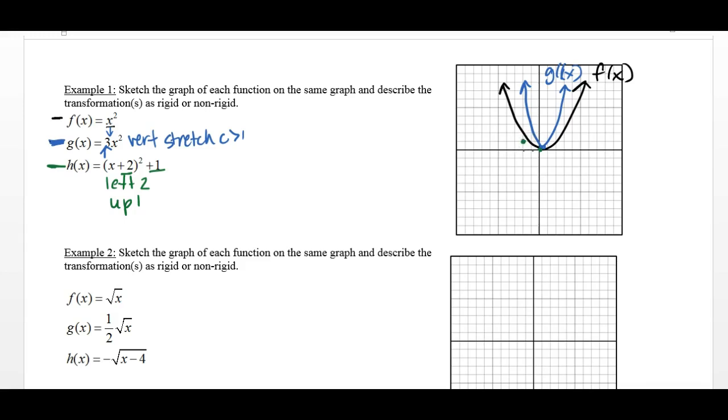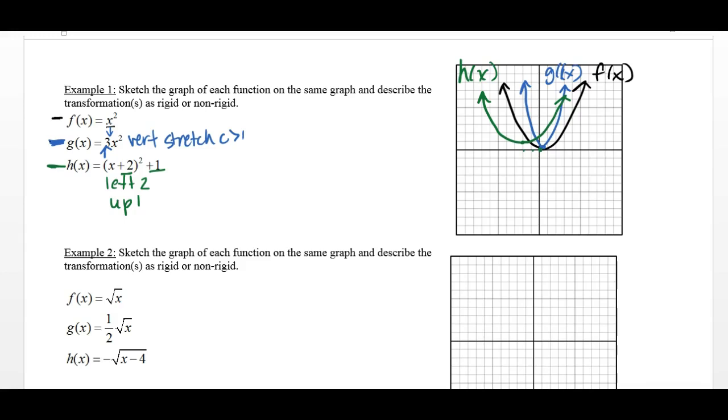But it's the original shape. So we're going to take my original parabola shape and move it right here. So this is h of x. So you can see the 3 graphs. Black is the parent, blue is the vertical stretch, and h is the moving left and up.